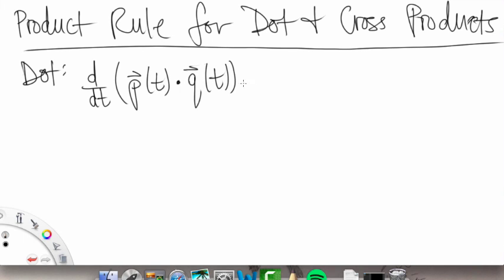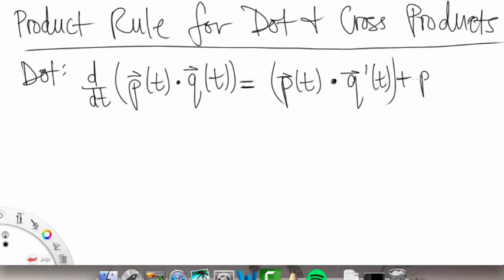This is going to be equal to basically the same thing as the normal product rule, but the multiplication is the dot product instead. So we have p of t dotted with q prime of t, that's our first grouping, and then we add p prime of t dotted with q of t.